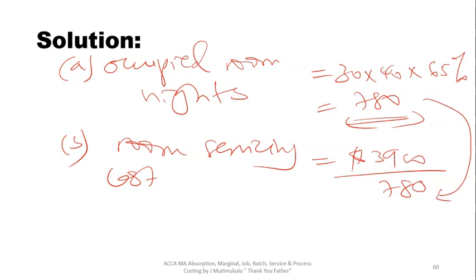That's the 780 we are talking about, and this should give us 3,900 divided by 780. That's $5 per room night. So when you use your full cost plus method, you just have to add the percentage on $5 to determine the selling price which would give you some profit.